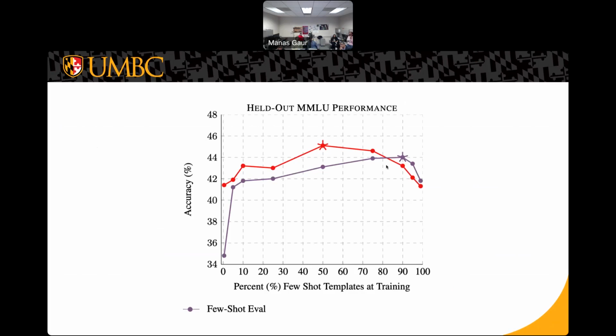If you just see the first part, if we increase 10% of the few shot templates, then the model's accuracy for the zero shot increases by around 2%. And so that's the conclusion, that if you're just mixing them up, the performance goes up.